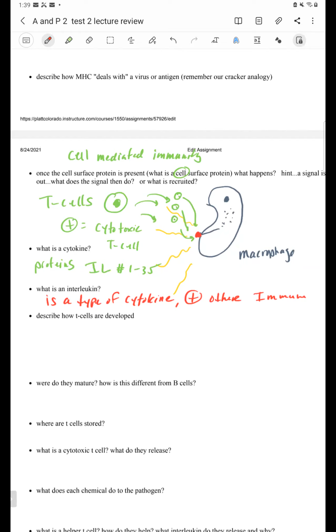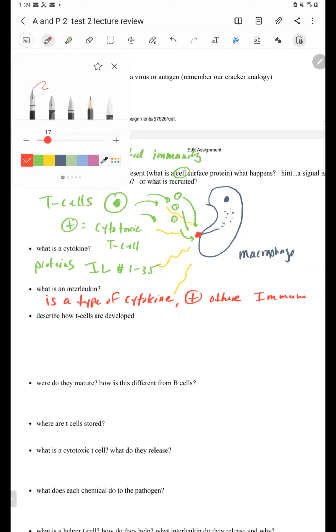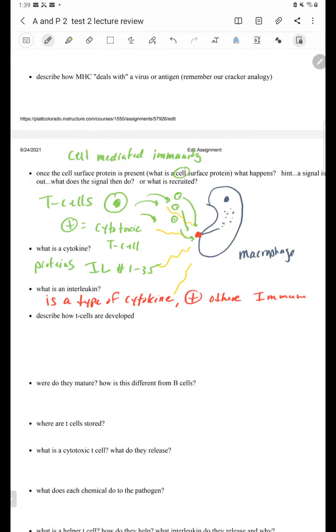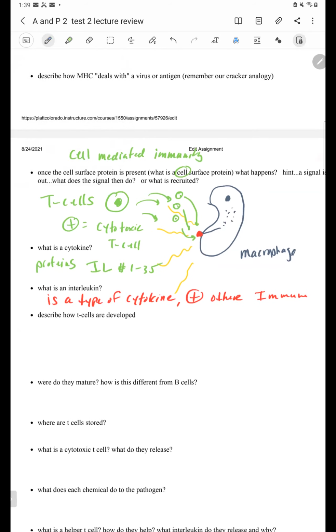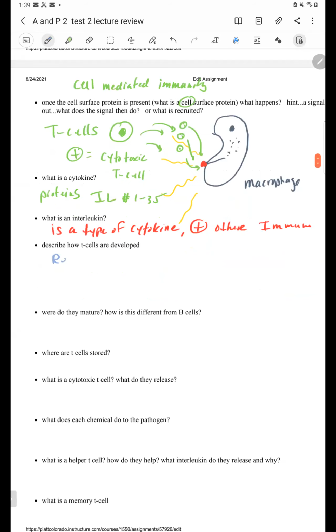Okay, your T cells ultimately come from the red marrow. When they start out, they are immature T cells.